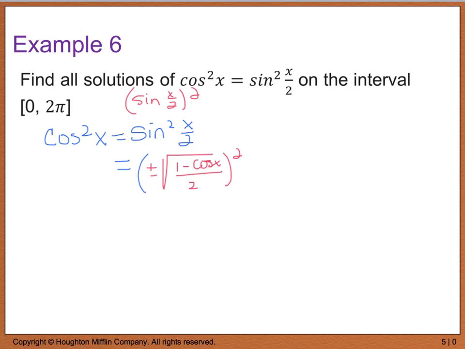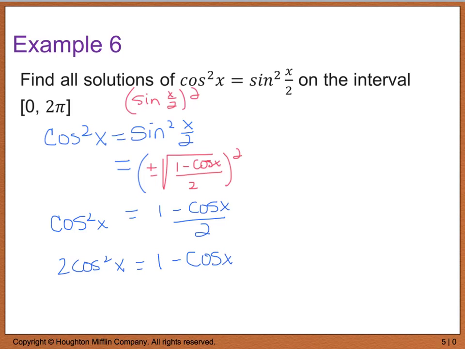So squaring a square root gives us 1 minus cosine x divided by 2 equals cosine squared x still. And if I want to clear my fractions out, now I have 2 cosine squared x equals 1 minus cosine x. And if I want to simplify this, I have a quadratic. Everything needs to be on one side.